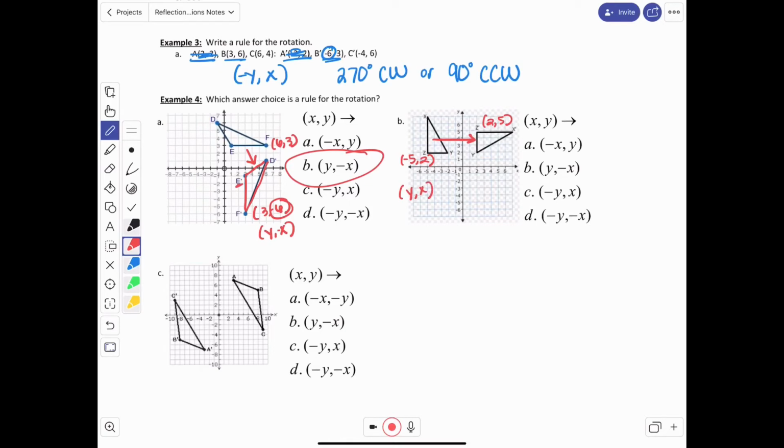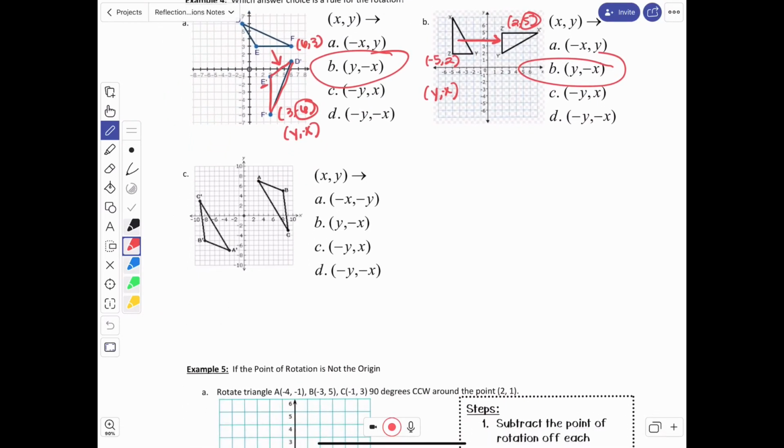And this time, when they switched, my 5 changed signs, okay? So even though it was a negative and it became positive, it still changed signs. It was multiplied by a negative to become a positive. So you still do a negative times a negative to become a positive. So this is still what's happening there, okay?